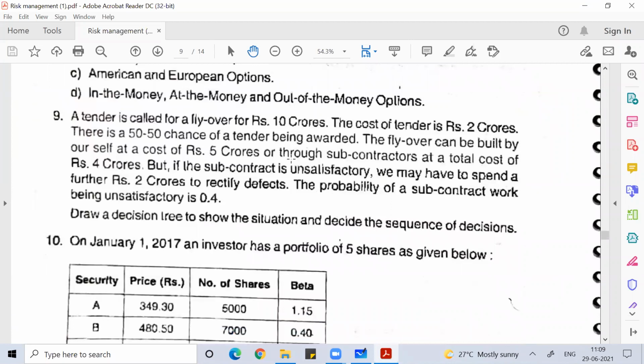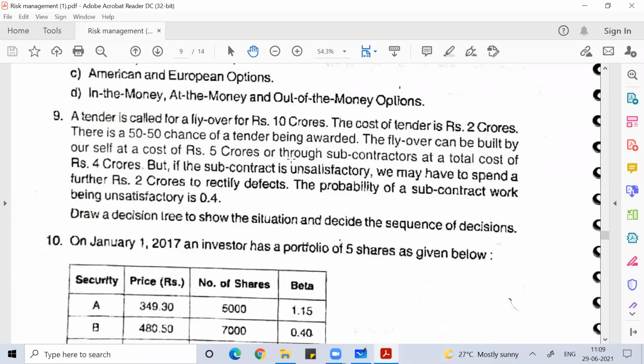See this question number 9, guys. Everyone, please read the problem.